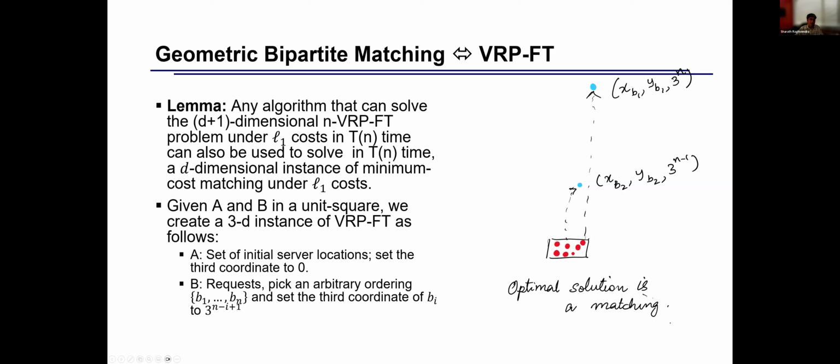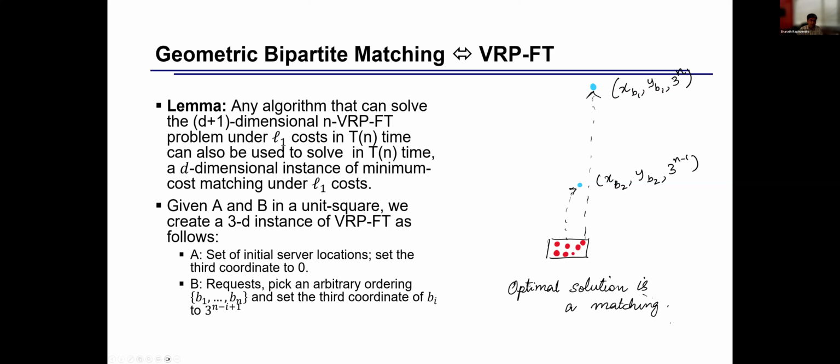The reason is that for every matching between red and blue points prior to lifting, if you look at its cost in the lifted 3-dimensional space, the cost is shifted by exactly 3 to the n plus 3 to the n minus 1 plus 3 to the n minus 2 all the way to 3. So no matter what matching you take between red and blue points, the matching cost is shifted by the same amount. So whatever was minimum cost in the 2-dimensional unit square will also be the minimum cost in the 3-dimensional set.